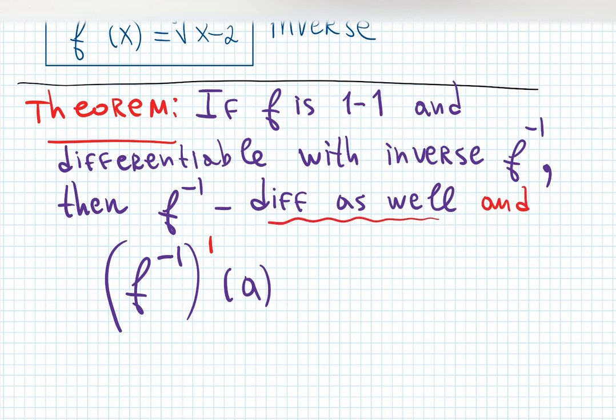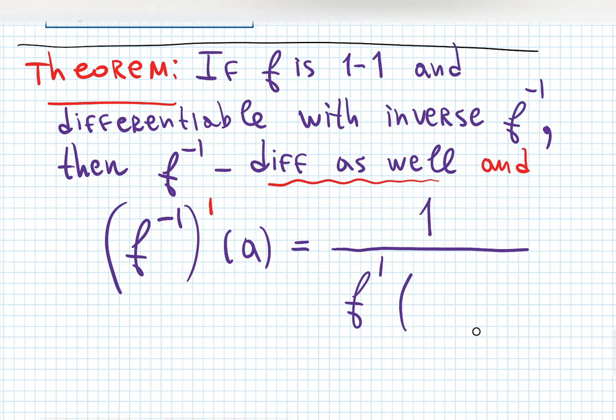And the formula is the derivative of the inverse function at a is 1 over the derivative, find it at, take another color if you have, or a pencil, that will be easier to see in the future, inverse at a.